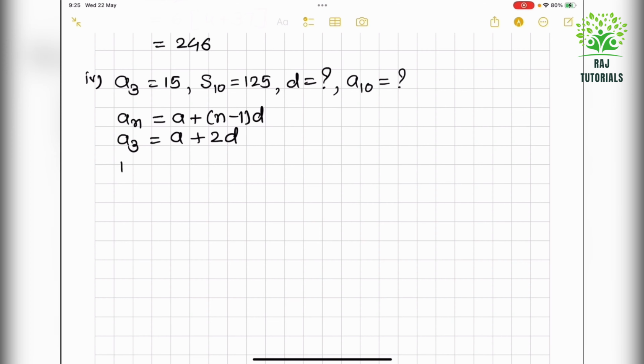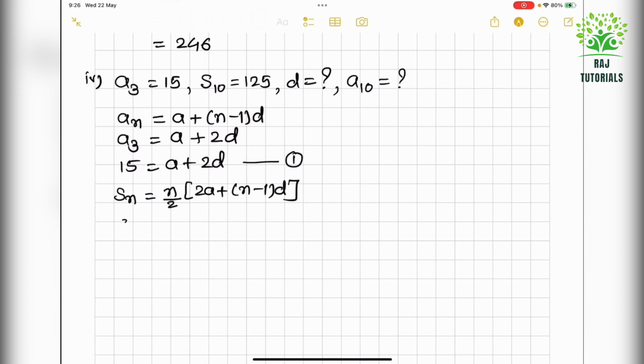So 15 equal to A plus 2D. Now I can't solve this because D and A both are unknown. So I am giving it one number. Then the other is Sn equal to n by 2 into 2A plus n minus 1D.